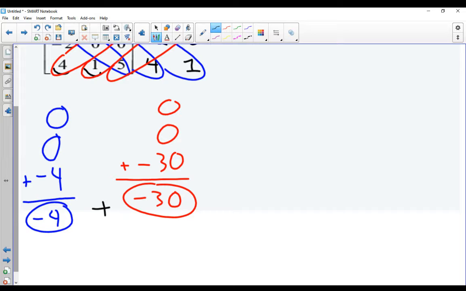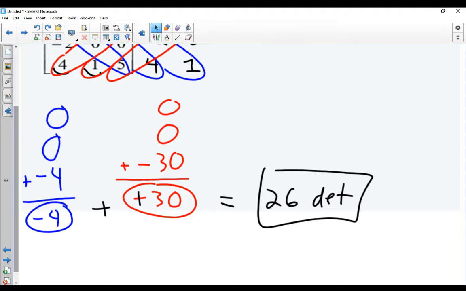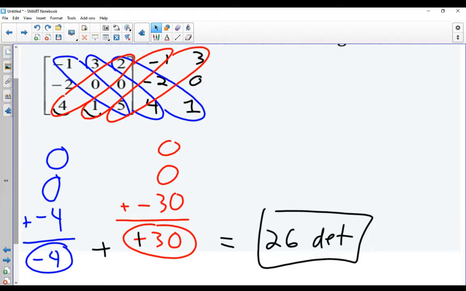The minus negative makes that plus positive. So that's just going to be -4 plus 30 to give you 26 as your determinant. And that is how you find the determinant of a 3x3 matrix. Now moving on to the next example.